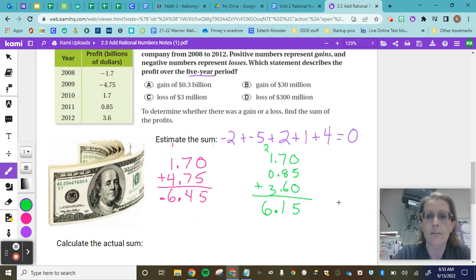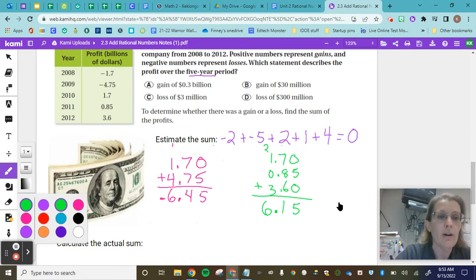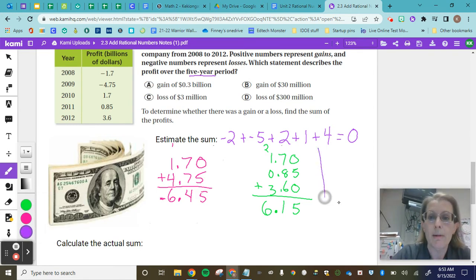So it is pretty close to 0 because we have negative 6 and 6, but we need to figure out exactly. So now I'm ready to put my negative number and my positive number together. If I look closely, I see 6.45 has more negatives than 6.15. So our final answer will be negative. So they had a loss.